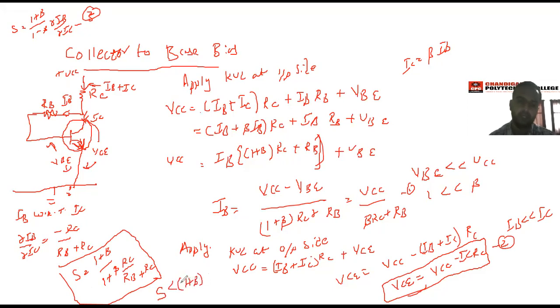In the case of fixed resistor biasing, the value of S is always less than beta. We are not using fixed resistor biasing because the value of stability factor is greater than your beta amplification factor. But in this case, we can reduce the value of S. There are some disadvantages in your collector to base biasing, which we removed in your emitter resistor biasing.